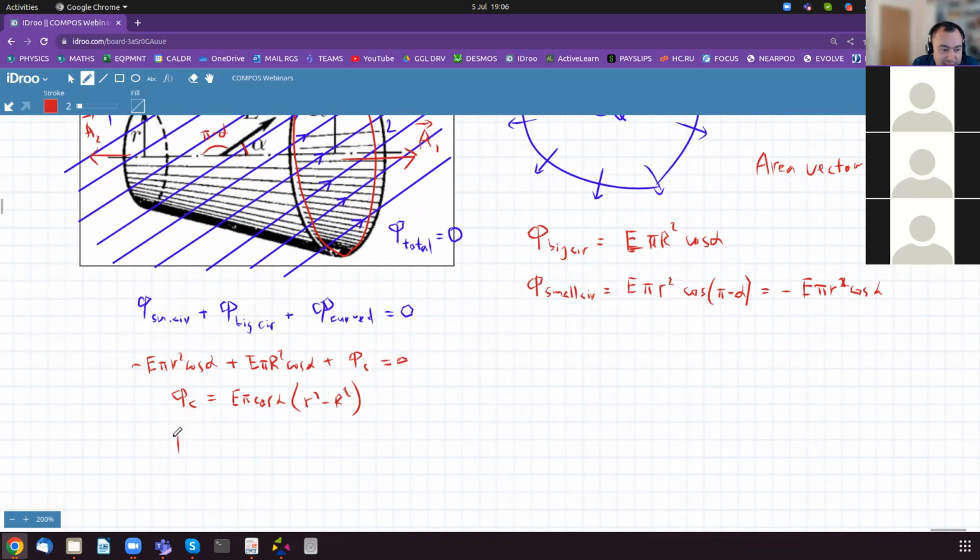This is definitely going to be a negative value because r squared is smaller, but the magnitude of the flux is E pi cos alpha times r squared minus r squared. And that's the answer.